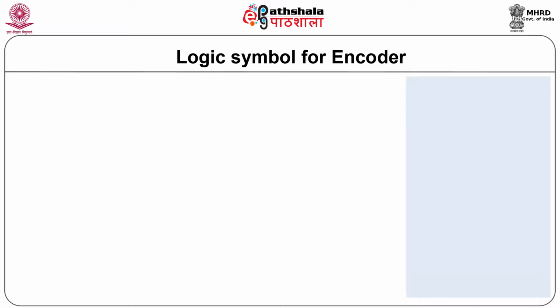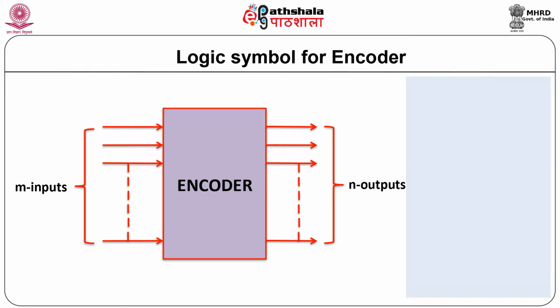Let us now understand the basics of encoder. The process of converting human readable code to machine readable code, that is binary, is known as encoding. An encoder is a combinational circuit that converts more familiar numbers, symbols or characters into binary code.